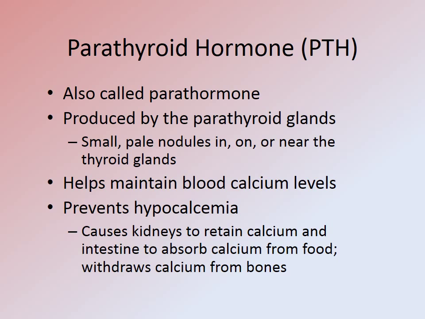That's why it's most often spoken of in older women: when they become hypocalcemic, which is low calcium in the blood, the parathormone will actually take the calcium out of the bone, causing very brittle bones. That's why it's very important to maintain proper calcium levels in your body.